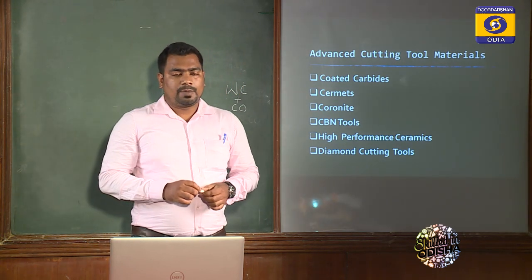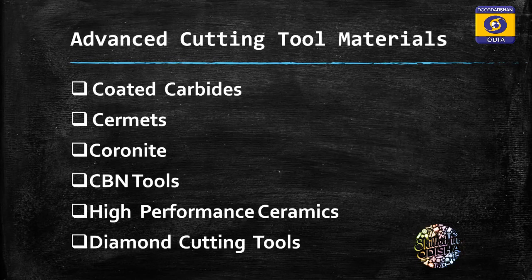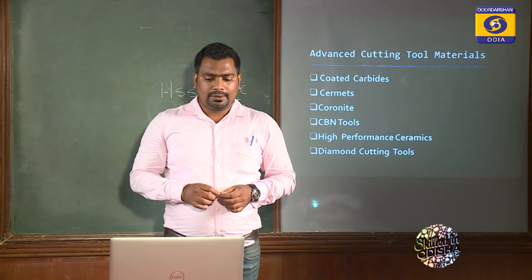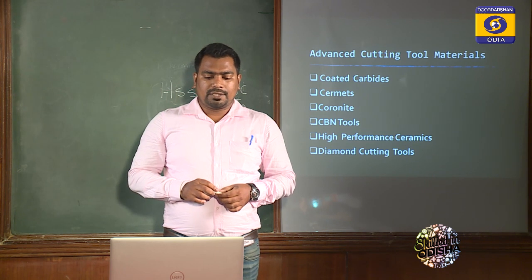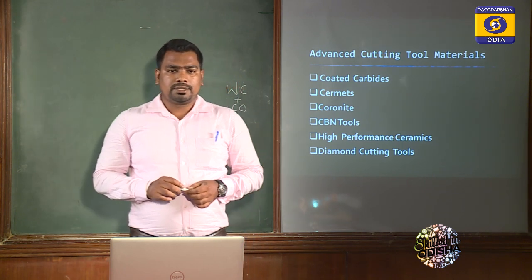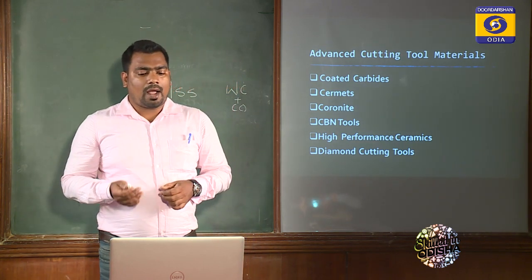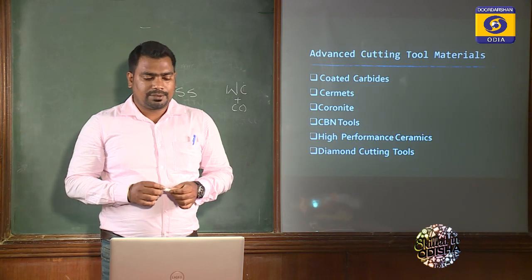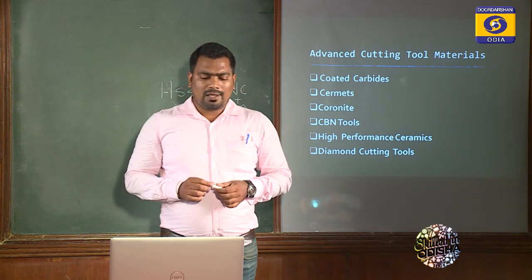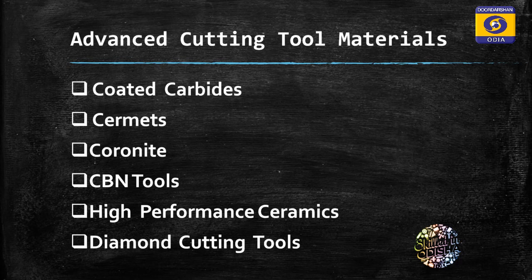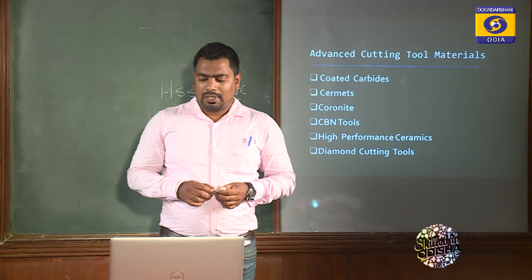Then high performance ceramic cutting tools were invented. In high performance ceramics, we have silicon, meaning silicon and aluminum added ceramics. Then at last we have the diamond cutting tool, which is very hard and expensive.